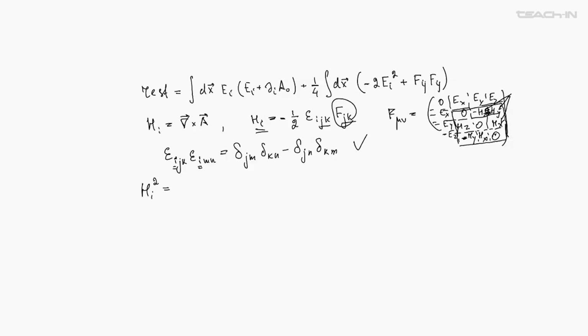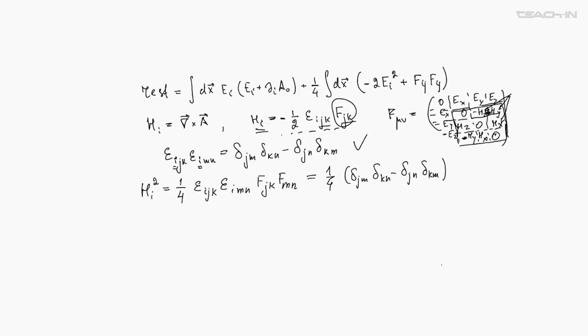So it will be 1 over 4 epsilon ijk epsilon imn Fjk Fmn, right? So the square of h. Then I use this formula for the sum of two epsilons. And this gives me 1 over 4 times delta jm delta kn minus delta jn delta km, multiplied with Fjk Fmn.